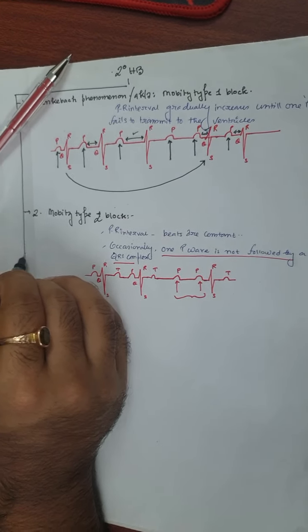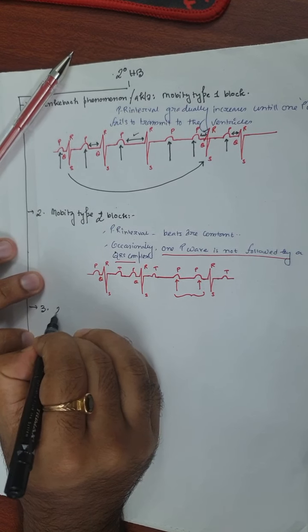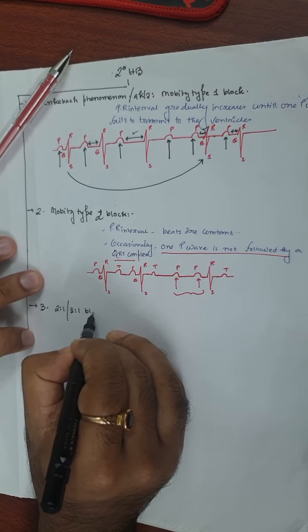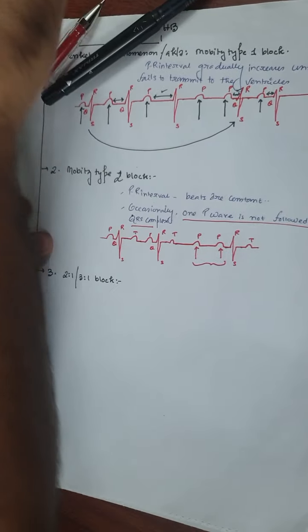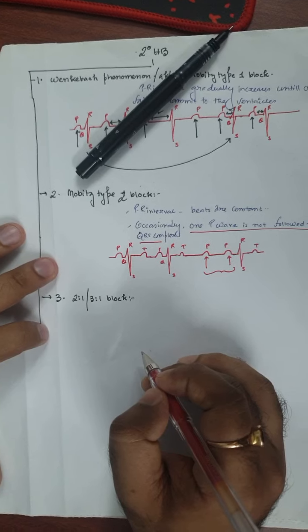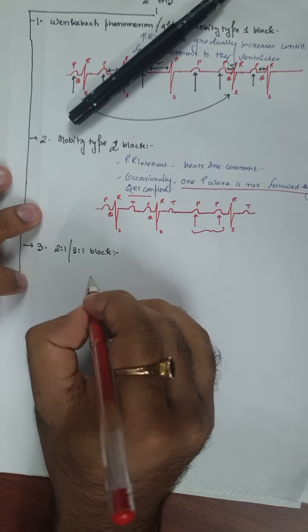Now number 3 point. It is called 2:1 block or 3:1 block. In 2:1 block or 3:1 block, there are twice or thrice as many P waves as QRS complexes, like this.